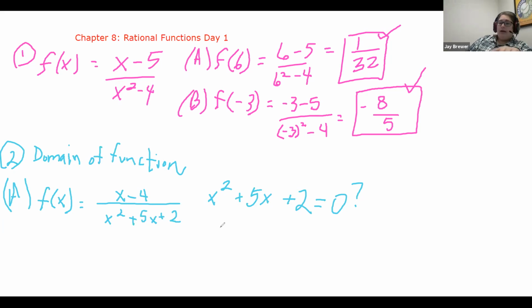So you're correct. We don't want it to equal 0. So what we want to do is find out when does it equal 0. So then we can say our domain is all real numbers except in these two cases. I'm going to let you know that this is a really gross problem. So we're not going to be able to factor it, but instead we can use what?